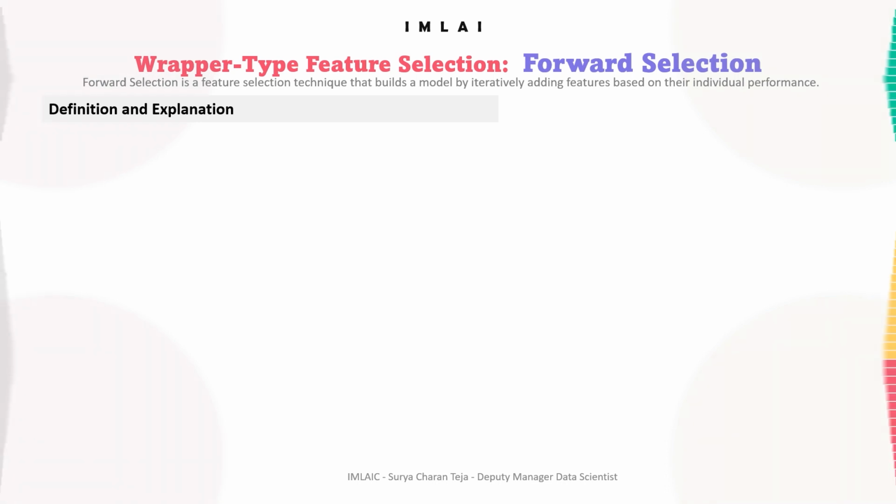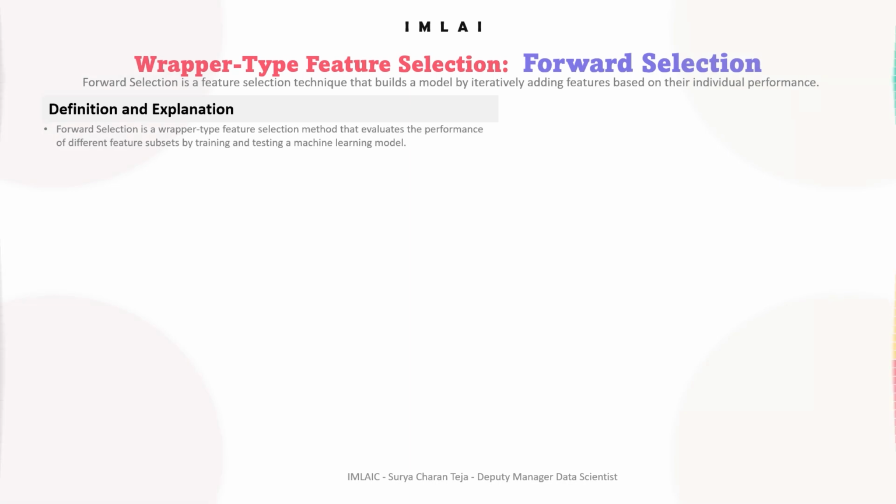It starts with an empty feature subset and incrementally adds one feature at a time based on their impact on the model's performance. The algorithm continues to add features until a certain stopping criterion is met.